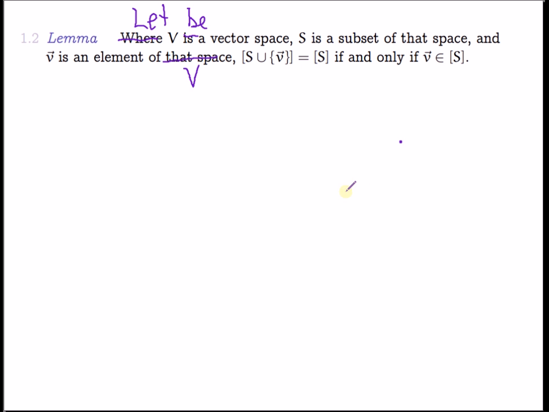All right, so let me give a little illustration of this. Suppose I have a set S of vectors, and here I'll do two vectors like this. This is S1 and this is S2. Now, if you think about the span of this set of two vectors, the span is going to be the plane determined by these two vectors. Now, let's take another vector v that's also in the plane.